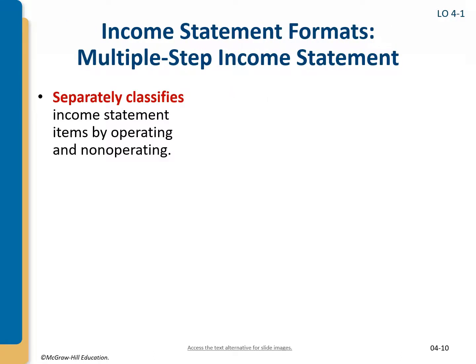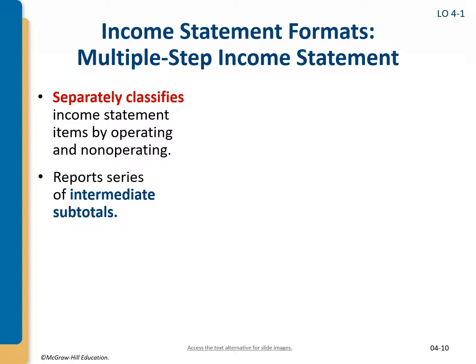The multiple step income statement gives us more information because it separately classifies our income statement by that operating and non-operating area. And it reports intermediate totals. Remember, it takes sales revenue minus cost of goods sold, gross profit. There's your first subtotal.